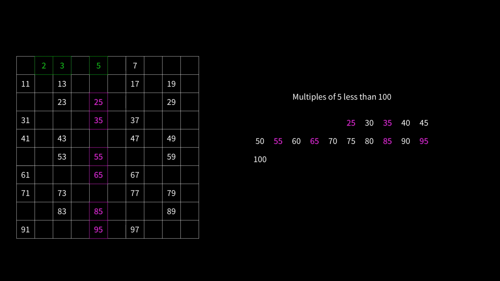So we delete those. Now the next one is 5, of course, and we're going to start the multiples of 5 at 5 squared, which is 25. So I don't need to compute the other multiples of 5, like for example 10 or 15, because they were already deleted in the previous step. So it's a little bit of an improvement. Not much, but a little.